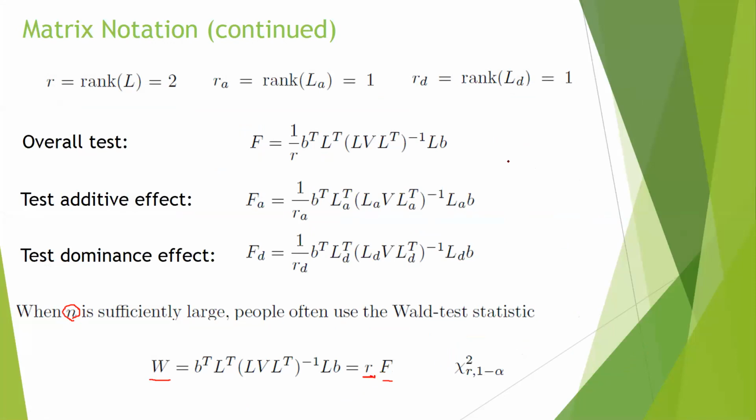Because here we have several different numbers. The rank is associated with how many parameters you want to estimate. So we use M. M represents the parameters, right? So here, if you want to test B1 and B2, then M equals 2, right? So this is the rank.